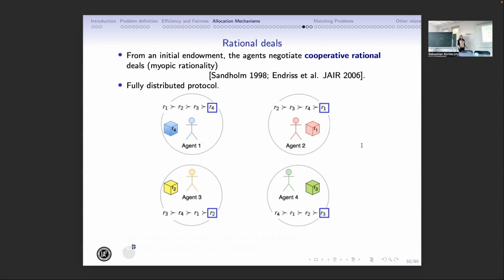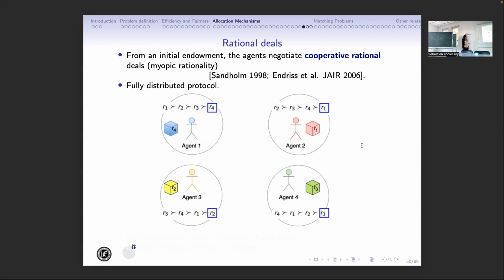We assume that they make rational deals, so improving deals for both agents. We let the agents exchange resources, and we hope that the system will converge to a stable allocation, and we study the guarantees, the properties of the outcome.